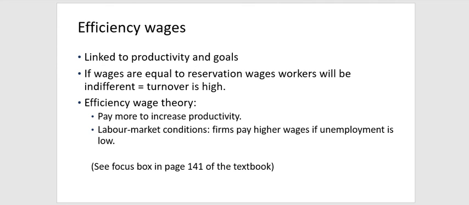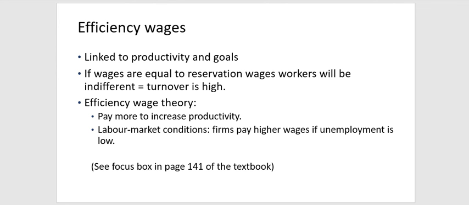However, just like bargaining power, efficiency wage theories also depend on the nature of the job and on the labor market conditions. So in essence, the efficiency wage theory suggests that firms should pay more to their workers to increase productivity. And this also depends on the labor market conditions.